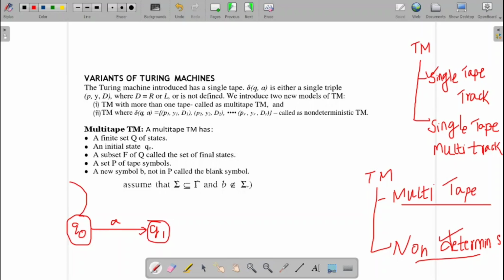If I have more than one transition on the same symbol, for example on Q0 I have two transitions, one to Q0 and the other to Q1, this was the case we learned in the deterministic and non-deterministic finite state models in module 1. Now the same thing is extended to the Turing machine.